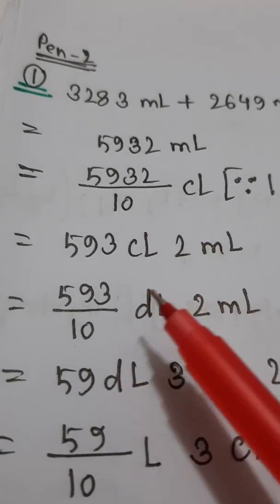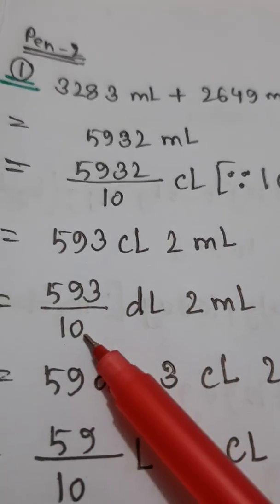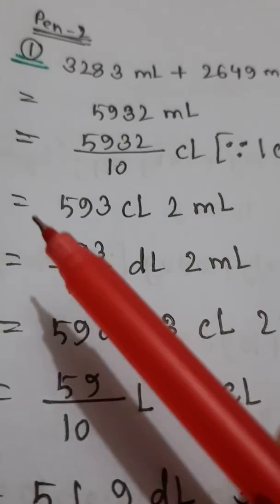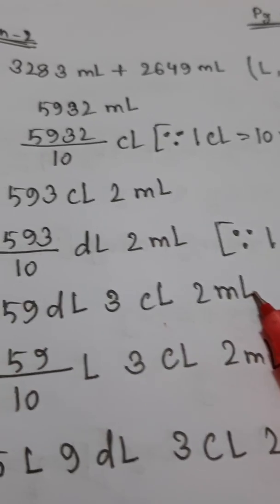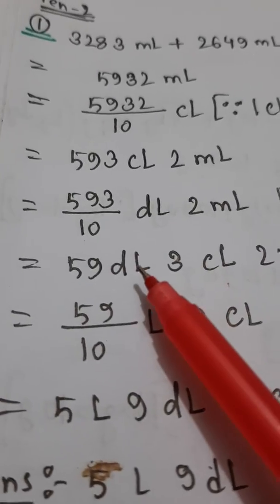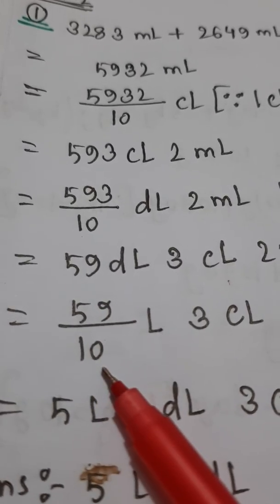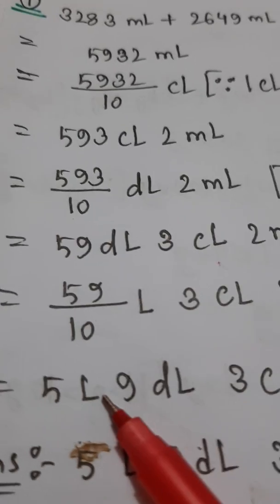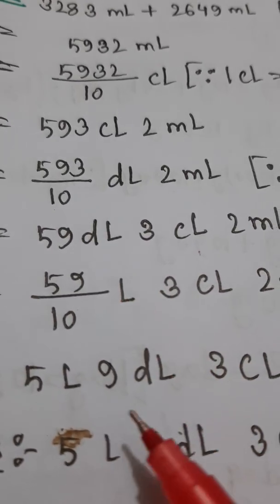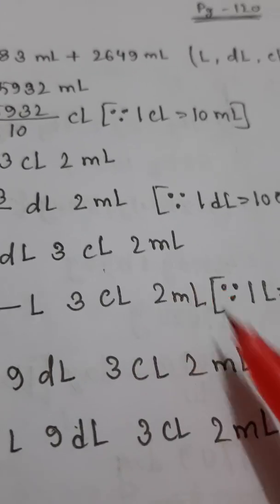Then centiliter to deciliter, divided by 10, we get 59 deciliter, 3 centiliter and 2 milliliters. Last, deciliter to liter, sorry, we divide by 10. So we get 5 liter, 9 deciliter, 3 centiliter and 2 milliliter.